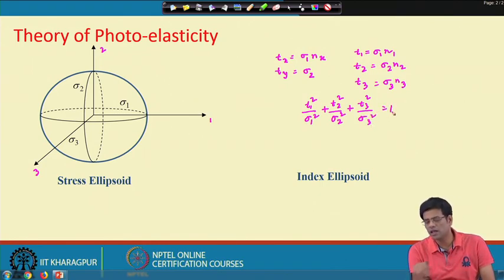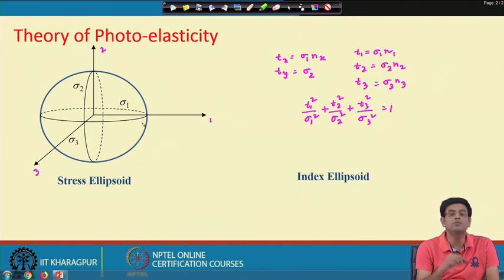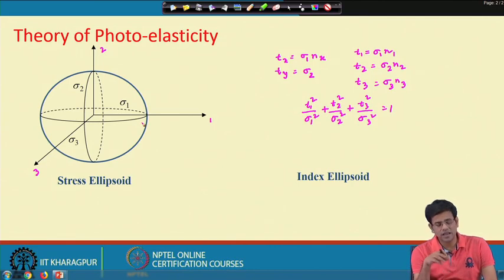This equation is the stress ellipsoid. Each axis of this ellipsoid represents the value of a principal stress. So, this is another definition of stress at a point in terms of principal stresses.